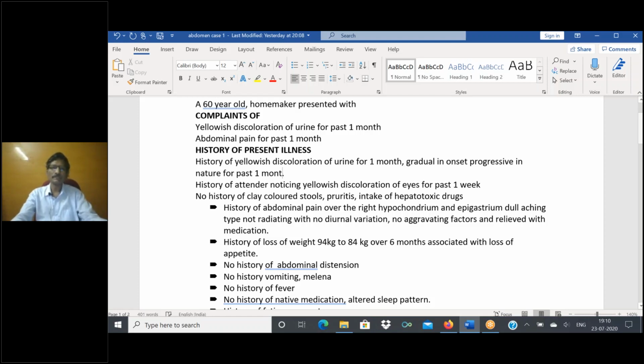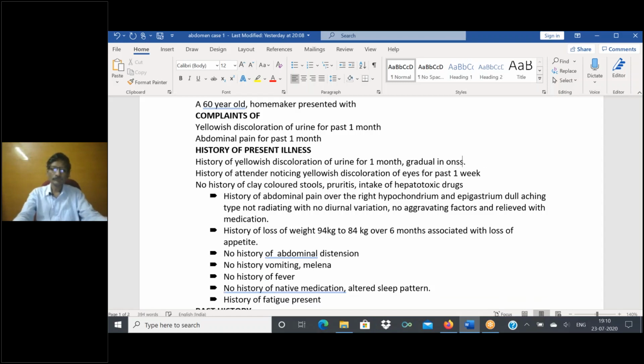I'm just deleting the remaining. Then history of attender noticing yellowish discoloration of the eye for the past 1 week. So this closes the description of jaundice.